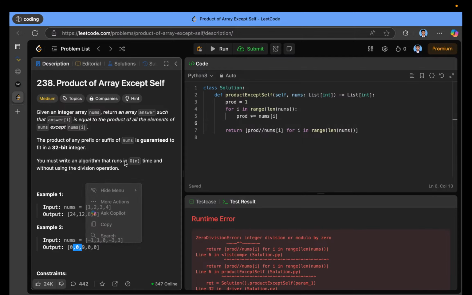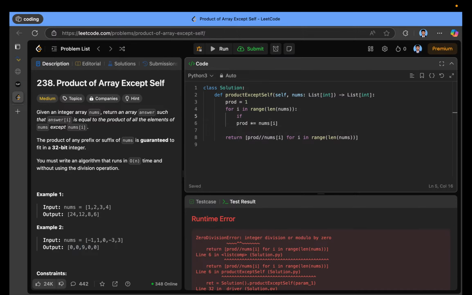So, okay, yeah, I can do that: if nums i double equals to 0, do nothing, just continue. So in this way, I will get all products except 0, because for 0 I don't do anything, but while returning.